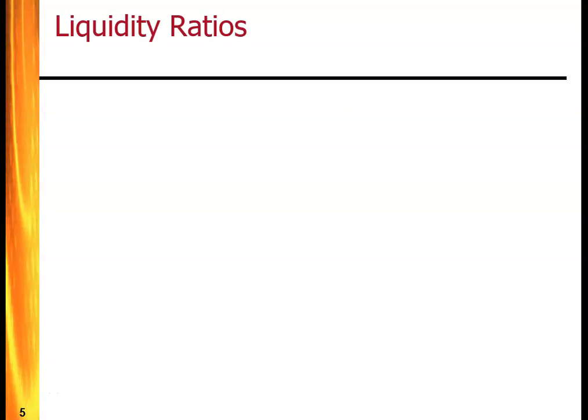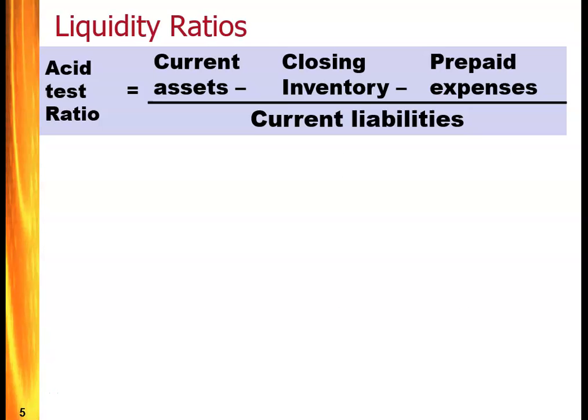The next ratio in the liquidity ratios is the asset test ratio, which is actually the same as the current ratio, except that the total current asset is now deducted with closing inventory and also the prepaid expenses.